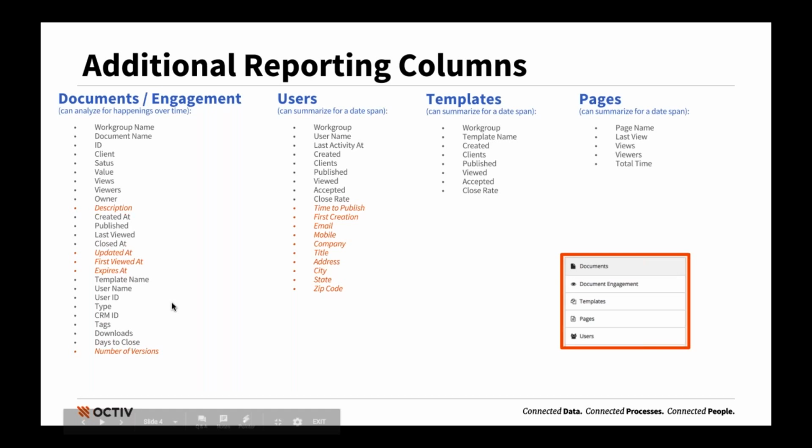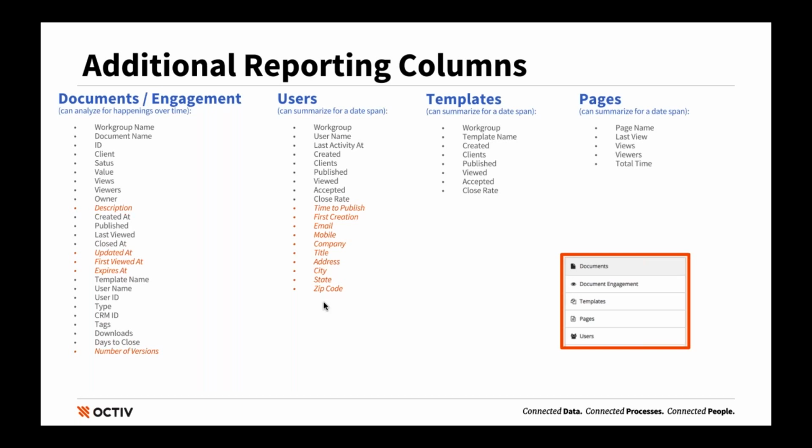Our users report is the next column I have here, and you can see in orange that we've added some new fields to that as well. Time to publish, which is going to show the number of days from when the document was created to when the document was published, the first creation date for that user, the mobile, email, company title, and then address information for that user.